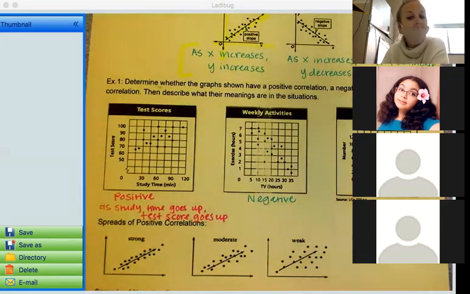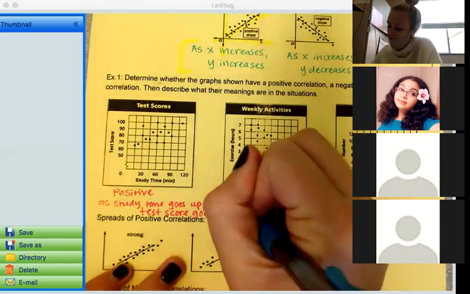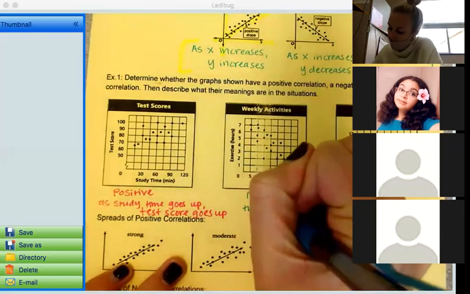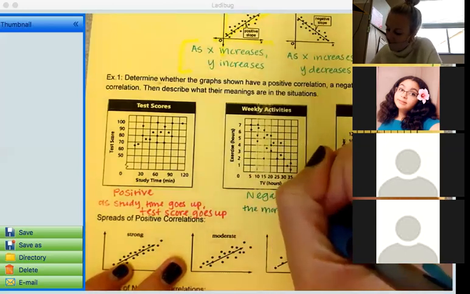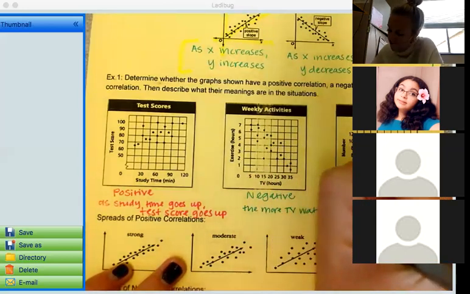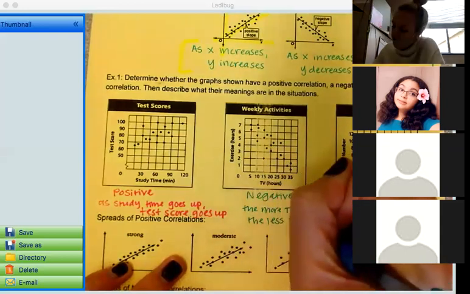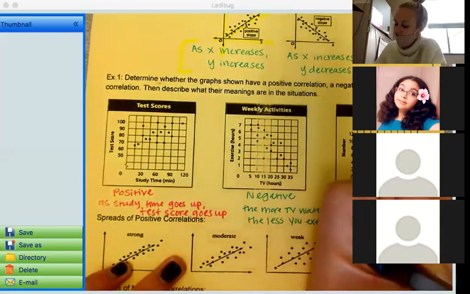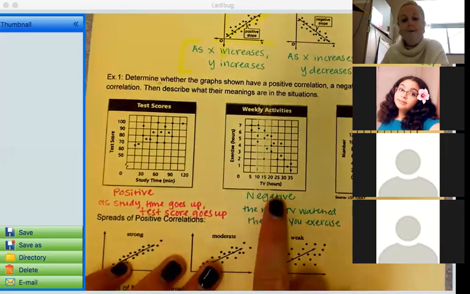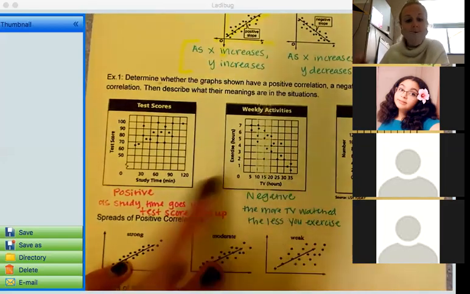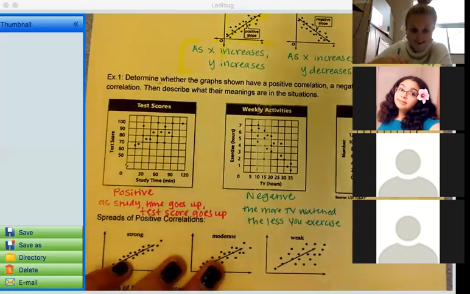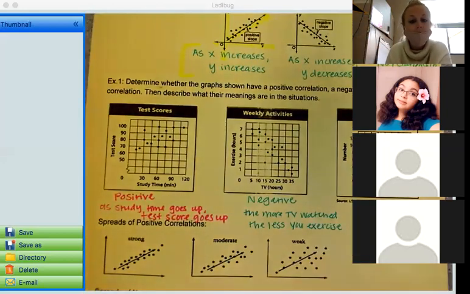What you put? Good. He said the more TV watched, the less you exercise. That is perfect. You could have said as TV hours go up, exercise hours go down. That would have been great too. Something along those lines. Okay?